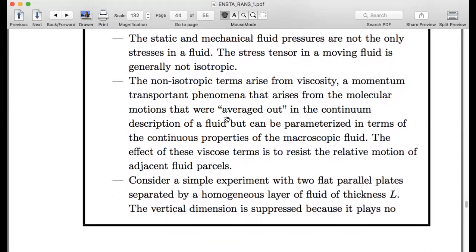That we have averaged out, so we don't deal with them explicitly, because we're treating the medium not as a collection of molecules, but as a continuous medium. We're modeling it as a continuous medium. So that's what that continuum hypothesis was about. But we have to recognize and take account of the forces that arose at that molecular level. And so that's what viscosity is going to do for us.